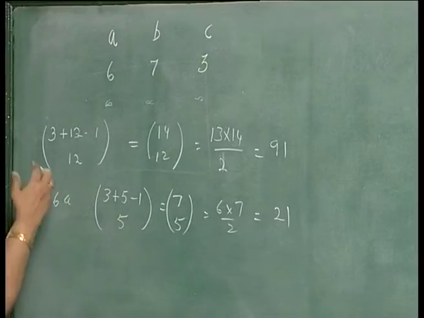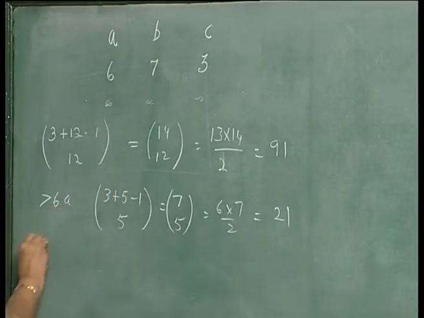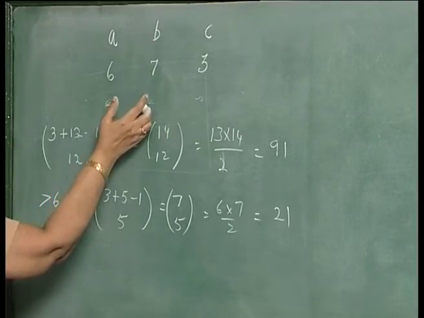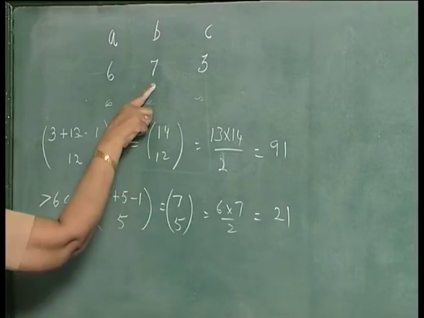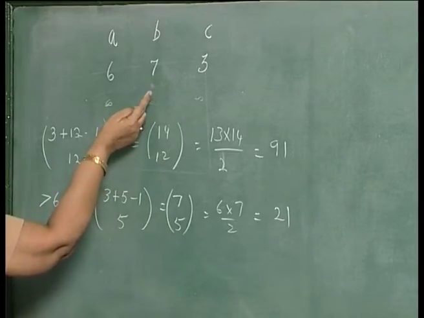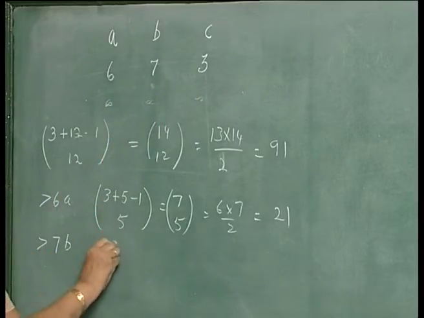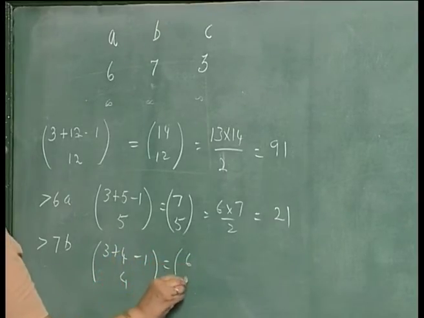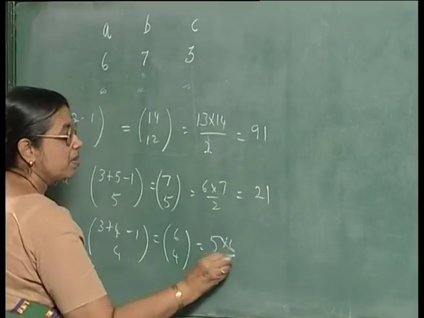I also have to remove those where I have more than 7 B's. Suppose I have 8 B's, then such a selection is not possible, so from the total number of selections I have to subtract that. If I have 8 B's or more, the remaining 4 can be selected from all these 3. So, (3 plus 4 minus 1) choose 4, and that will be 6 choose 4, which is equal to 5 into 6 by 2, which is 15.